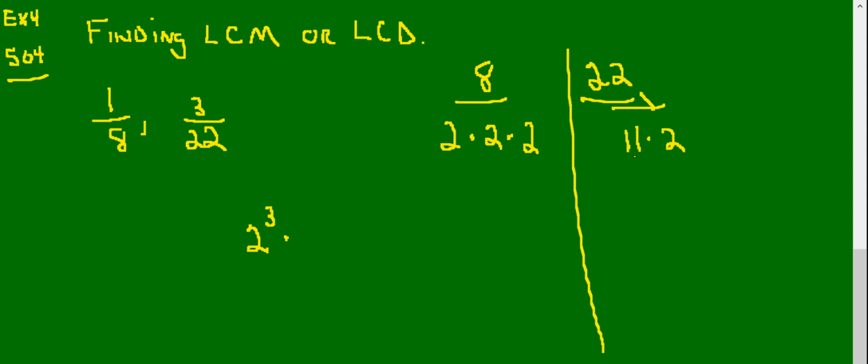The 22 has one 11, but the 8 has none. So I'm going to use the one 11. That's all the numbers I have available to me. So the product is the answer. 2 to the third is 8, times 11 is 88. Okay, so that's what we're doing to find the least common denominator.